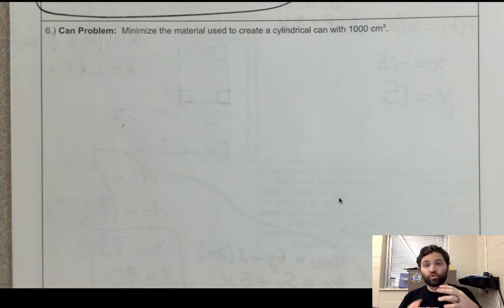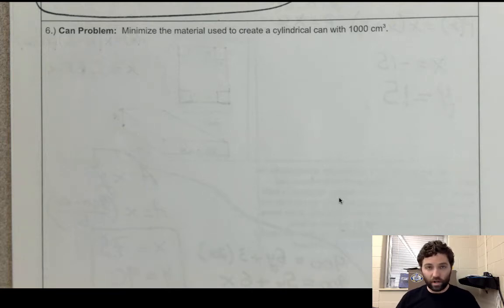We can constrain the volume to 1,000, but there's lots of different combinations of radius and height that we would use, and some of those dimensions will use more material than others. So we want to figure out what is the best height and radius of the can, or diameter, that gets us 1,000 cubic centimeters but uses the least amount of material.